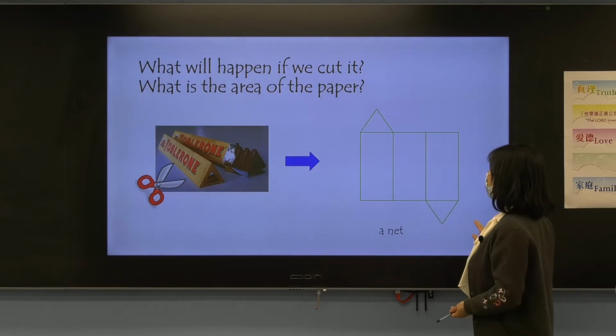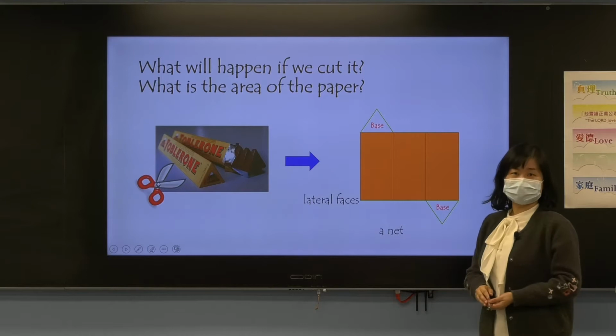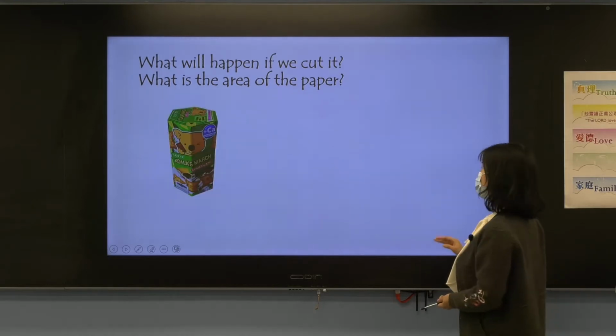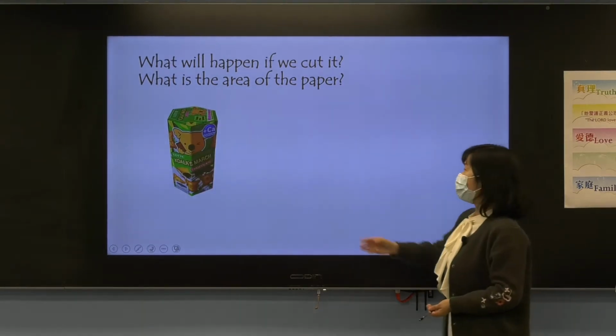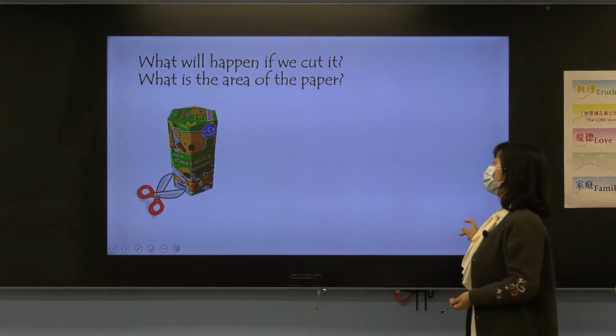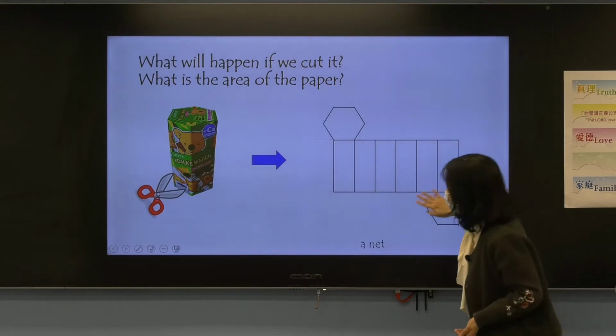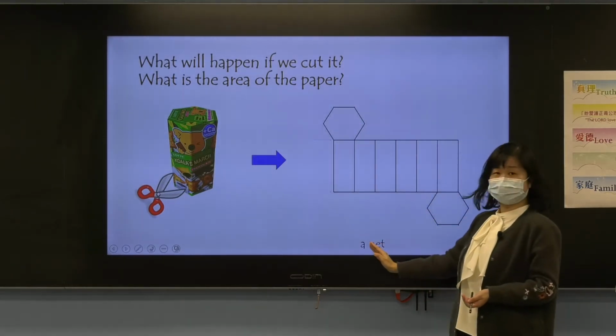Upper base, lower base. And then these 3 lateral faces. For a biscuit box, hexagonal prism, if we cut it and then unfold the paper, we'll have this shape. The whole paper, we call it a net.